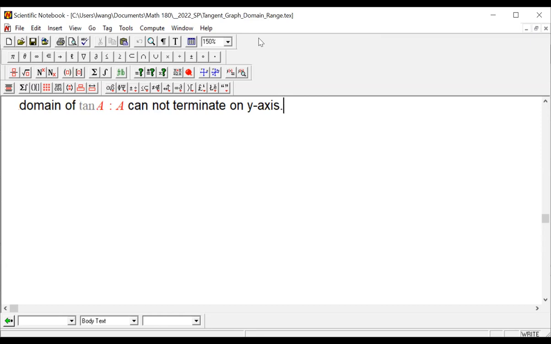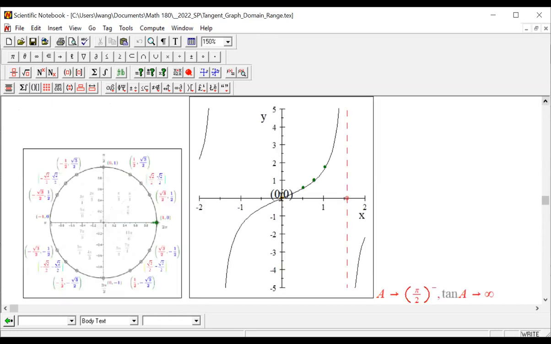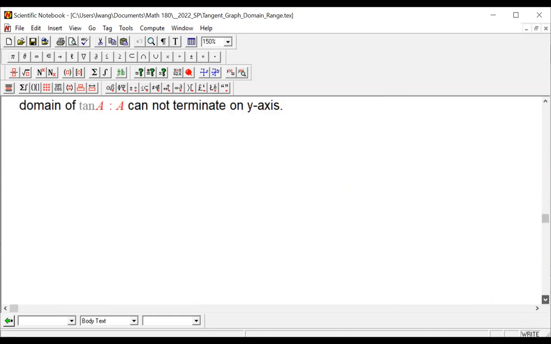Okay, but the y-axis has 2 directions. And that means it cannot be pi over 2, right? It cannot be pi over 2. It cannot be 3 pi over 2. It cannot be 5 pi over 2. It cannot be 7 pi over 2, and so on and so forth. And negative also, okay? It cannot be negative pi over 2, cannot be negative 3 pi over 2. It cannot be negative 5 pi over 2. So it just keeps going, okay?